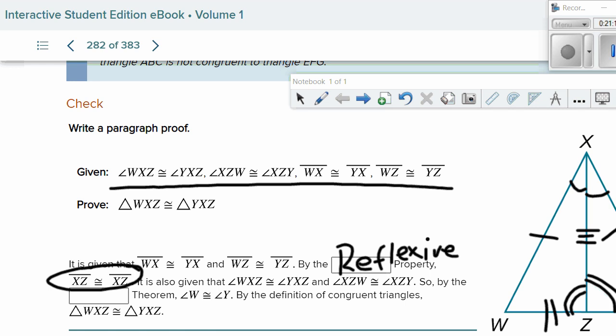I then have to prove that this angle and this angle are equal. I can prove them by that third angles theorem. And now that allows me to prove that all the angles and all the sides are equal to each other, so I can say the triangles are congruent.